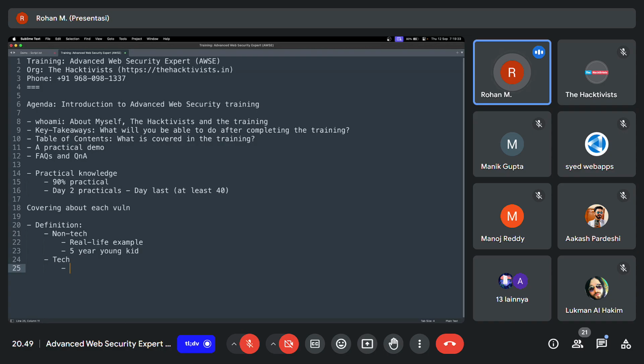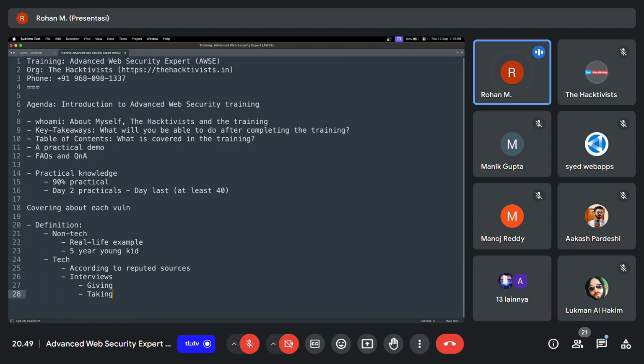The second thing that I will be discussing is the technical definition according to reputed sources like OWASP, SANS. Why is this important? Because from the perspective of interviews, either you will be giving interviews or you will be taking interviews.